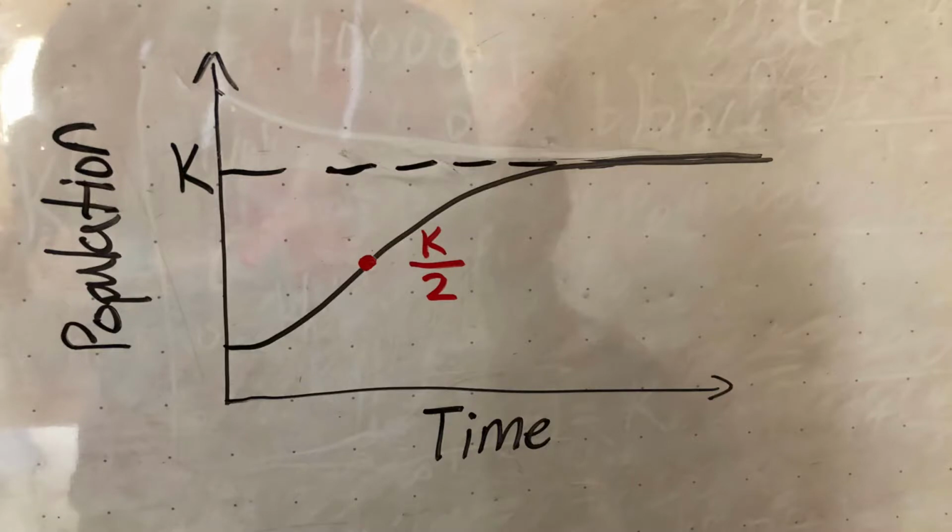You may also be asked to state when the population is growing the fastest. And this is usually when the population is half of the carrying capacity. And so if the initial population starts below the carrying capacity, then halfway to the carrying capacity, population is growing the fastest.